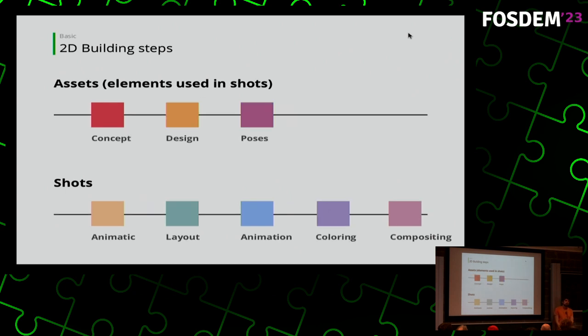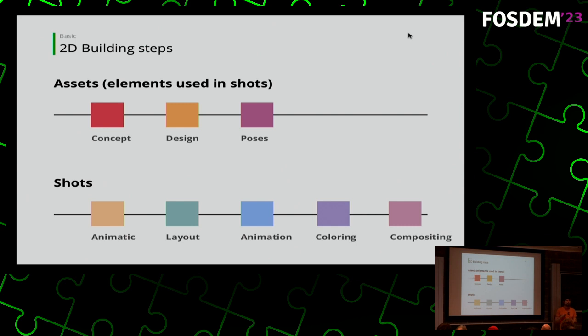So now I've talked about 3D animation, but animation can be done in 2D. It's a very popular style too. Here the steps are a little bit different. We still have the concept, but then we have the design part. Basically, we draw exactly the elements we need in that step.